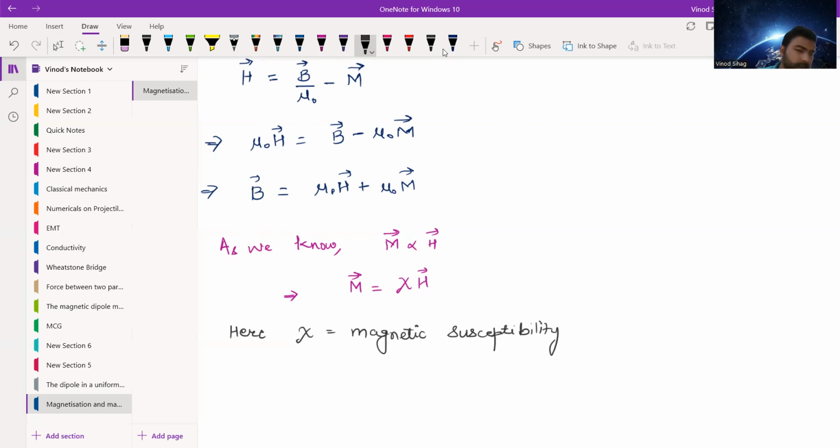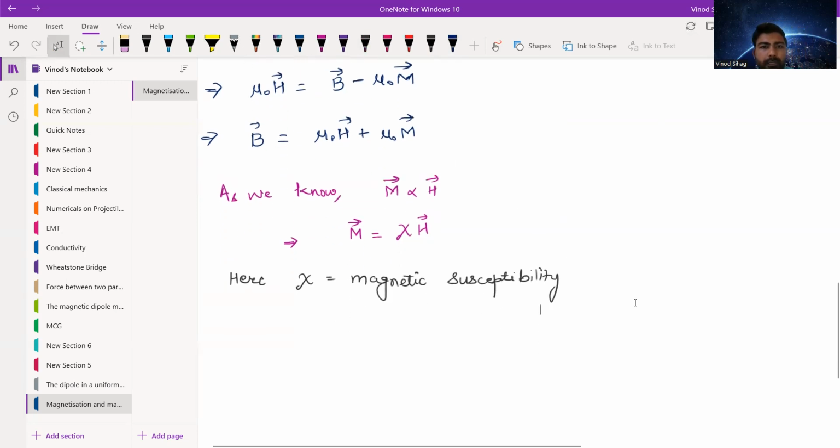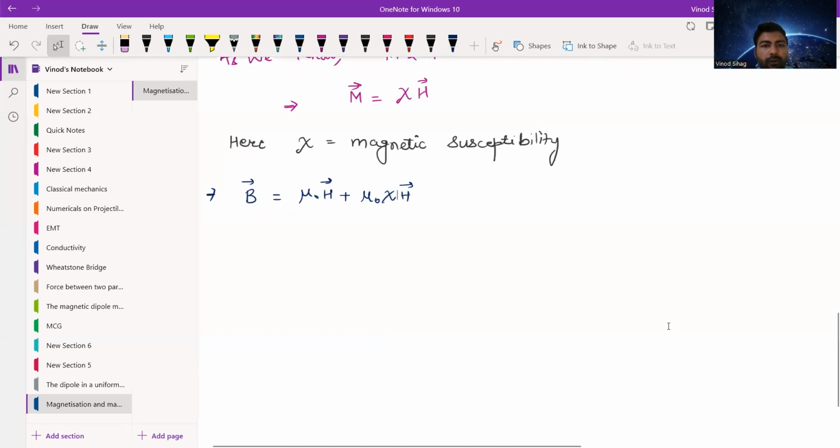Okay, so now we will put this expression into the above equation. Finally we will get B vector equals mu naught times H vector plus mu naught times chi into H vector. Now we can take mu naught into H vector common.